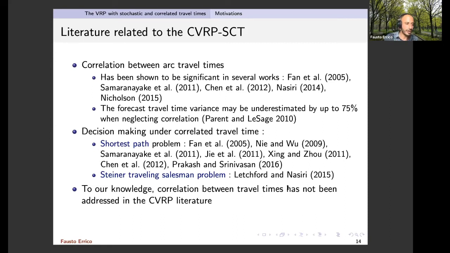Actually, there is a work that is still in progress, still under review, which however considers a particular objective function, a makespan objective function. So the next time I present this work, I will put the reference here, even though it's not published yet.